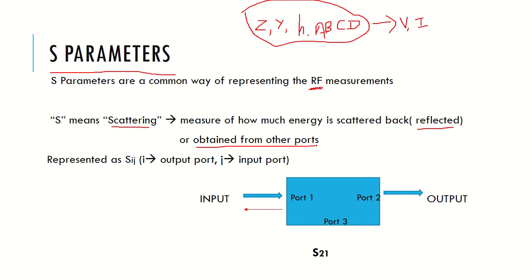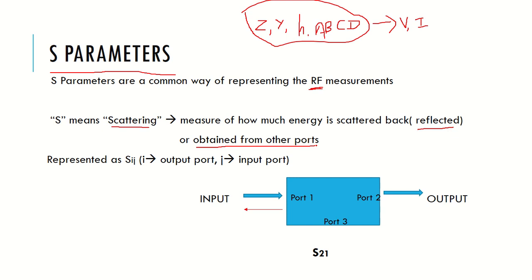When we see low frequency circuits, we used Z, Y, H and ABCD parameters. We used to open circuit, we used to short circuit and measure the various voltage and current values. But when I come to RF and microwave ranges, which are in gigahertz ranges, I no longer can perform open circuiting and short circuiting. That is no more possible. Also, the voltage and current are not singular terms hereafter.